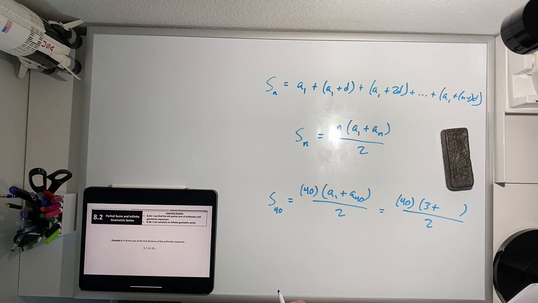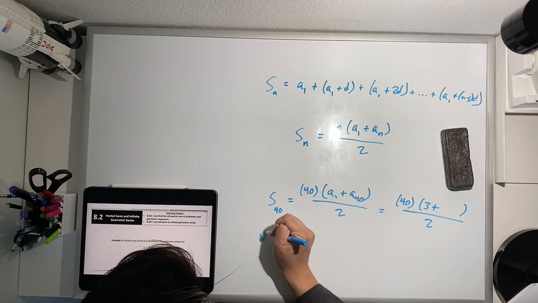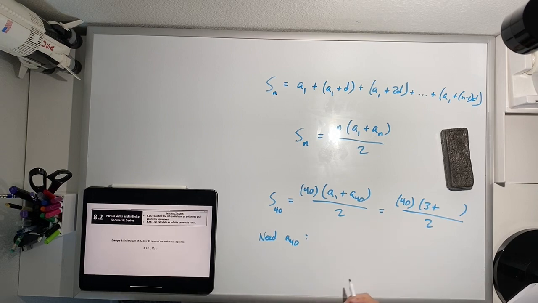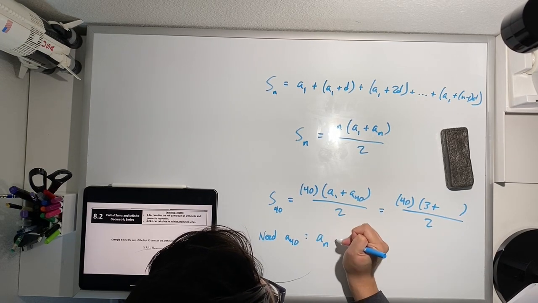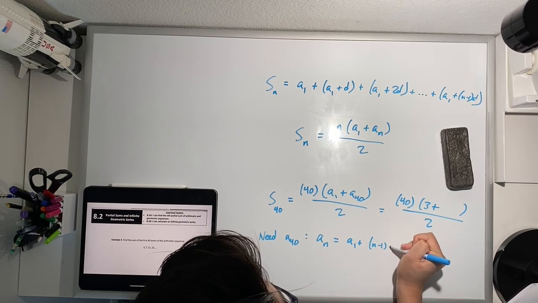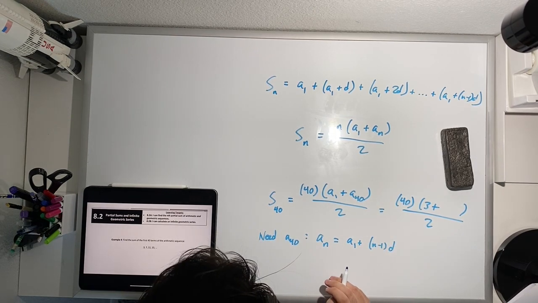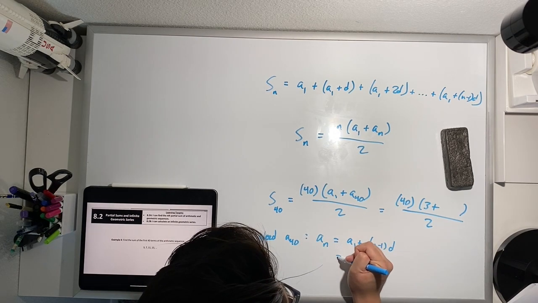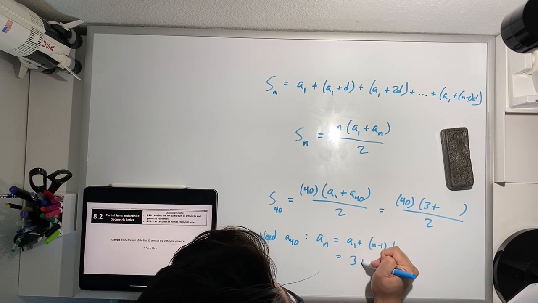Now to get the 40th term, we need the nth term formula. We know the nth term equals the first term plus n minus 1 times the common difference. The first term is 3.